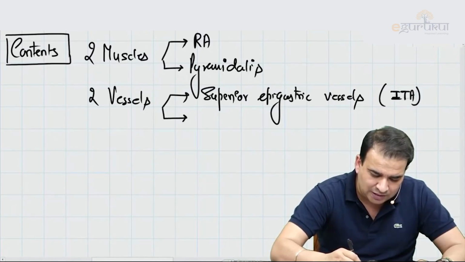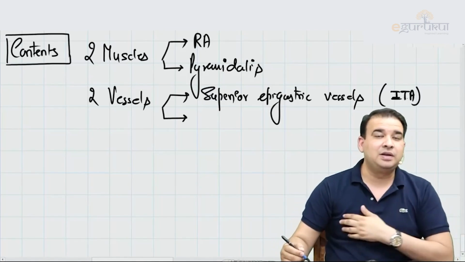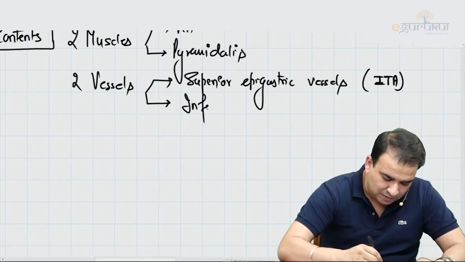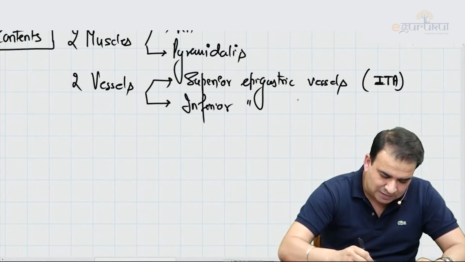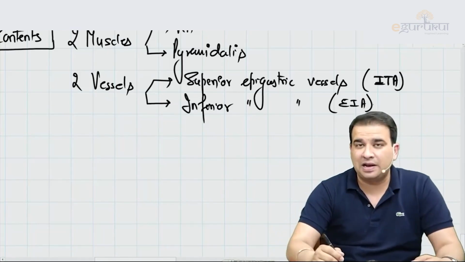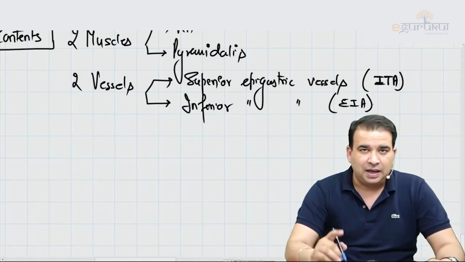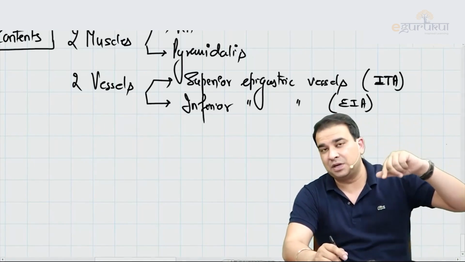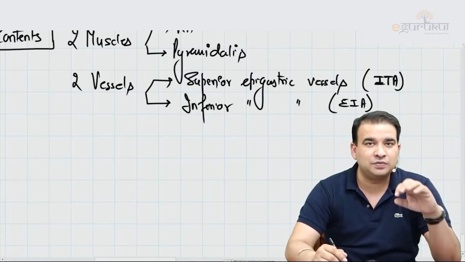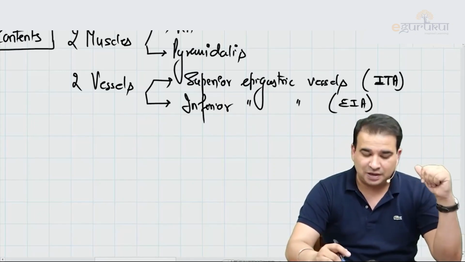We talked about this artery in the thorax. And also inferior epigastric vessels, which come from the external iliac artery. These are the branches of the external iliac artery. That is inferior epigastric. And guys, be careful. It is superior epigastric, not superficial epigastric. Superficial epigastric was the branch of the femoral artery. It is superior epigastric we are talking about.